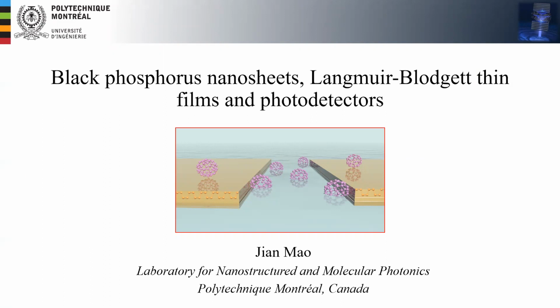Since then, he's been a postdoctoral fellow in Prof. Stéphane Kenakowan's group at Polytechnique Montreal. He is currently researching large area black phosphorus and perovskite optoelectronic devices. Today he's going to talk to us about black phosphorus, thin films, and photodetectors. So the floor is up to you, Jian.